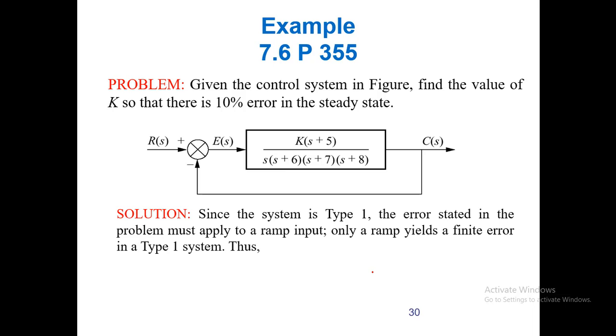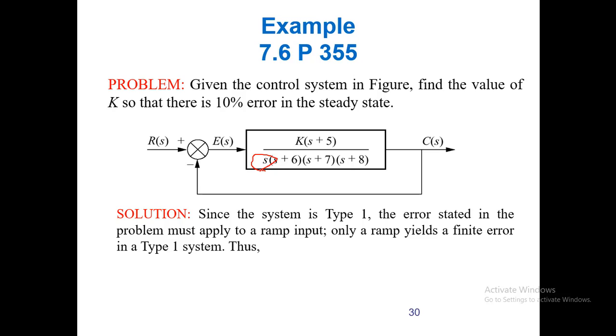If the system is of type 1, the error stated in the problem must apply to a ramp input. It is mentioned that there is an S over here, so it is a type 1 function, and we have to apply a ramp input, because only a ramp input will yield a finite error in a type 1 system.